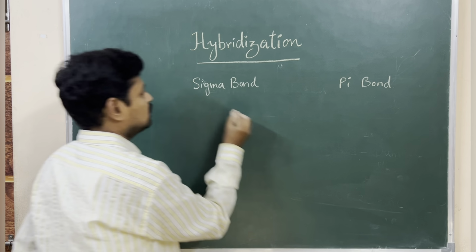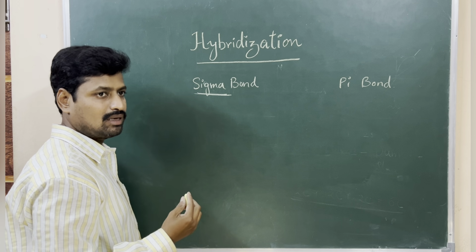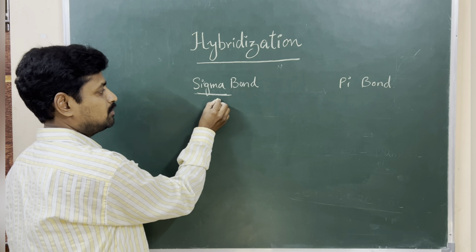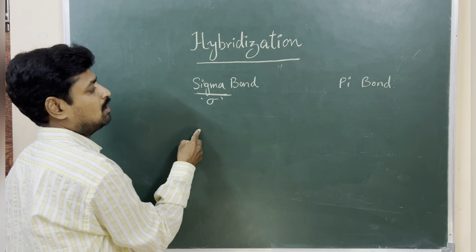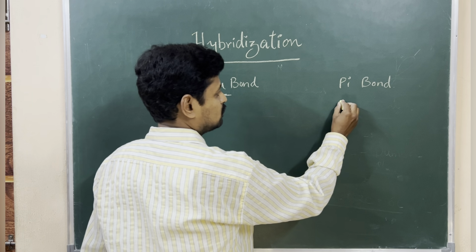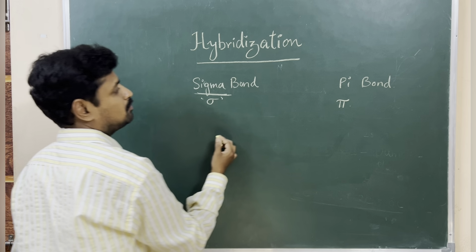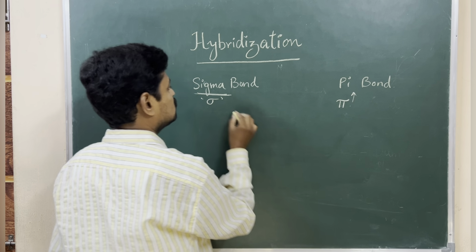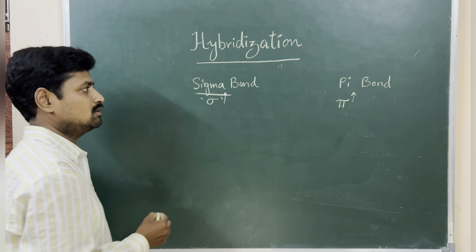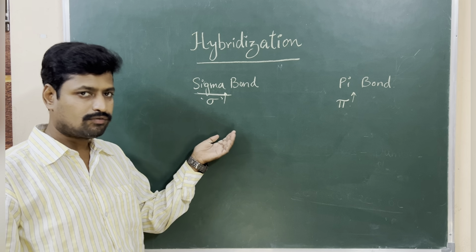The word sigma is denoted by a Greek alphabet. This is the symbol for sigma, and for pi you have the mathematical symbol pi. So these two types of bonds will be formed.